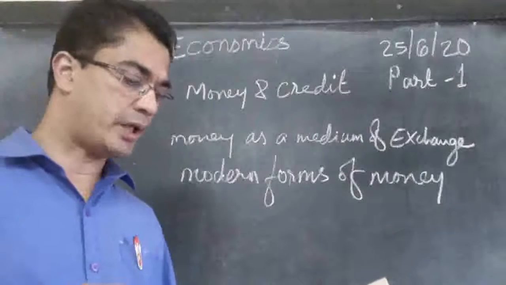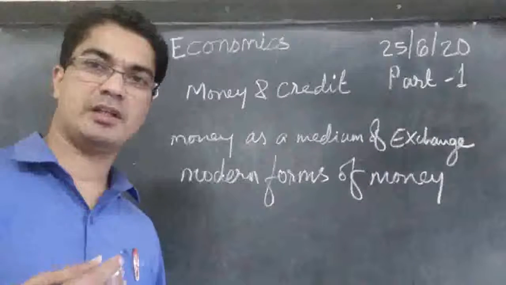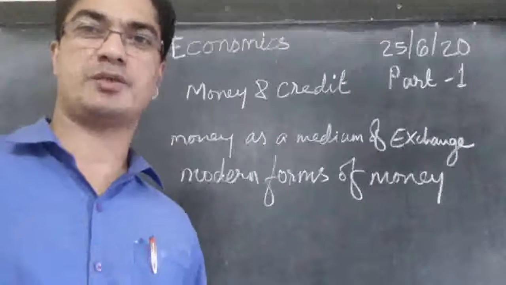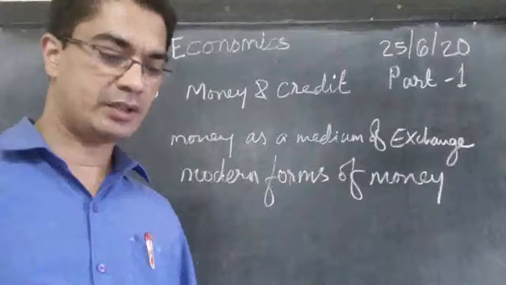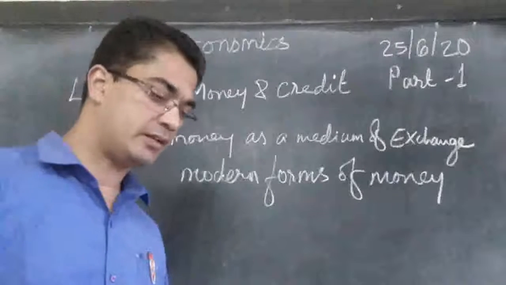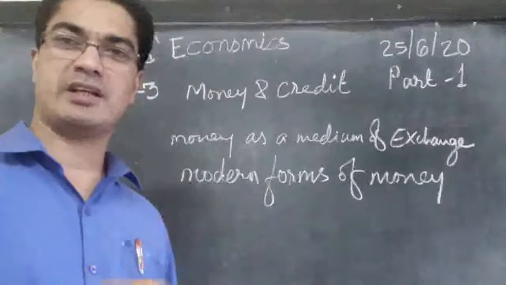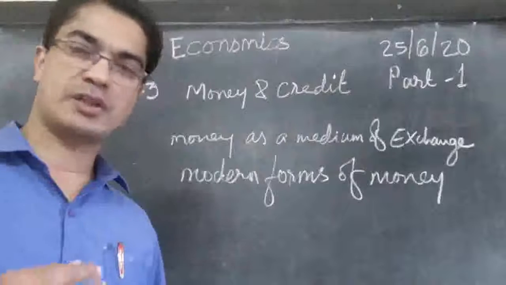So once this money was introduced, it was not the currency or the coin that we have at the present time. In India, we were using different things. In the beginning, they were using grain as money, 1 grain, 2 grains, 3 grains, and so on. Afterwards, cattle was used.